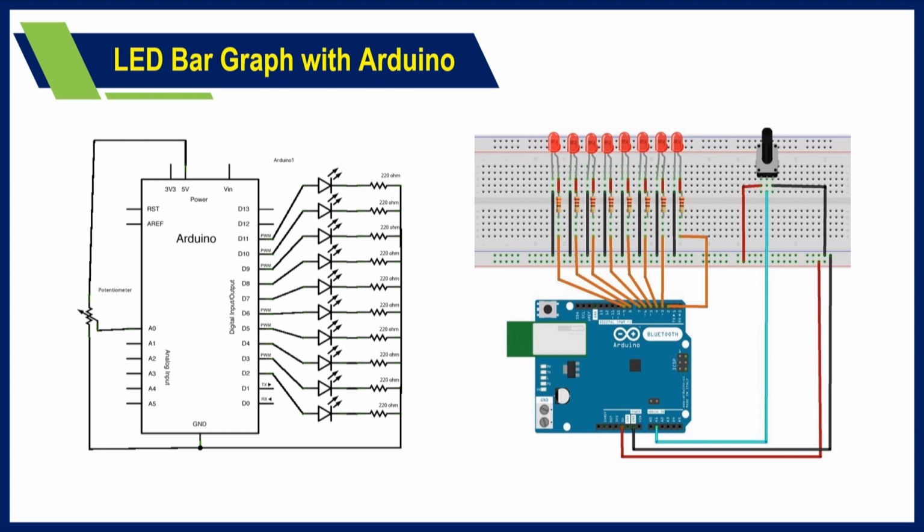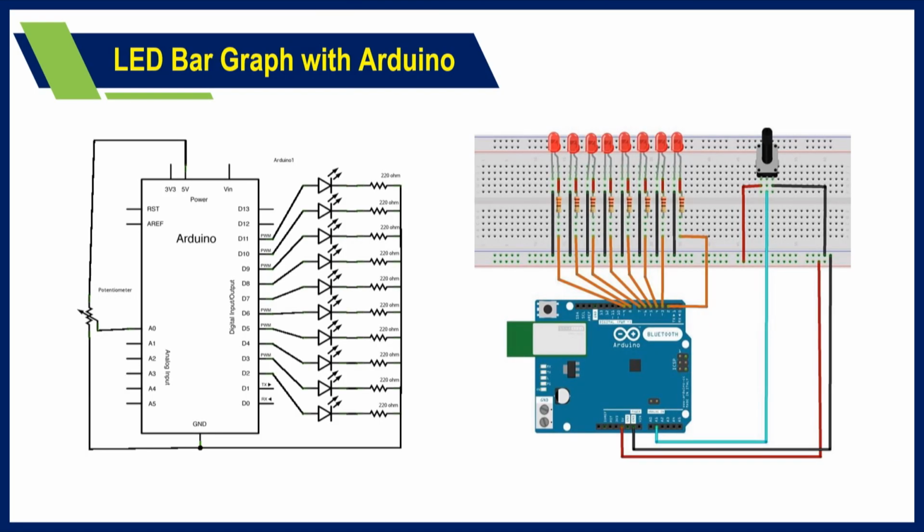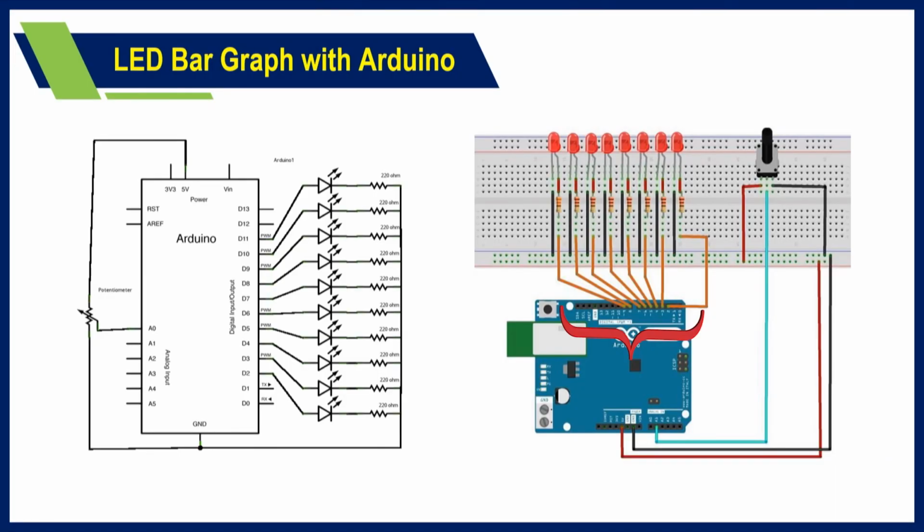So, the simple sequence now we have is, first of all we have LED connected through your resistance with the digital pins on your Arduino board, and the same sequence of LEDs ranging from LED number 1 to 8, all of them we have connected in sequence with your digital port right here.